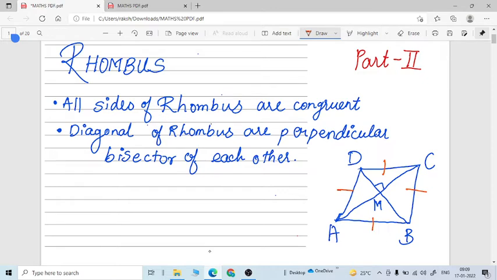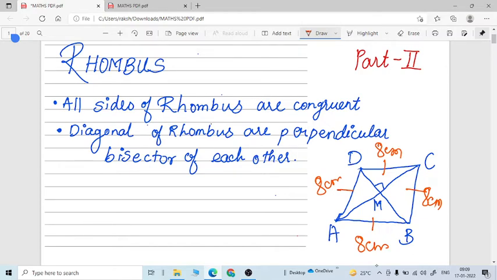If BC is 8 centimeters, then all sides would be 8 centimeters, because they are congruent. As written in the first line, all sides of a rhombus are congruent.